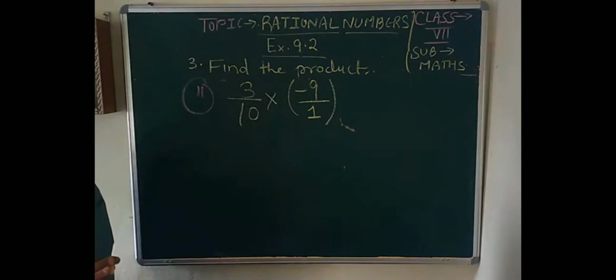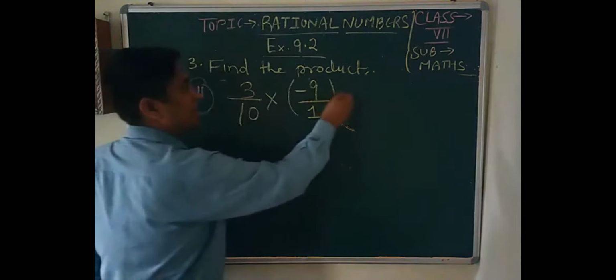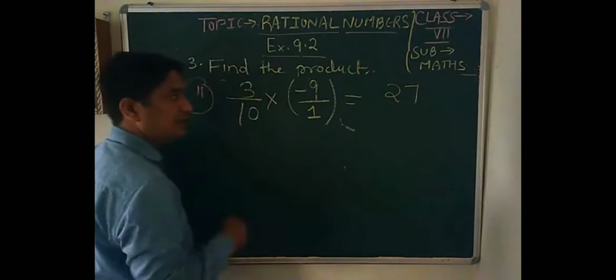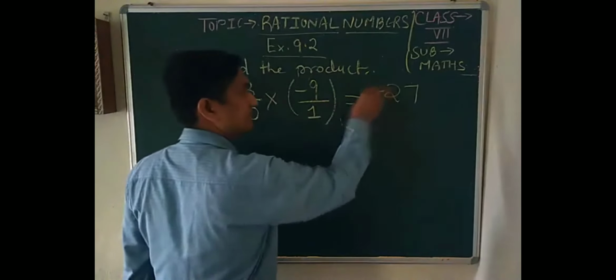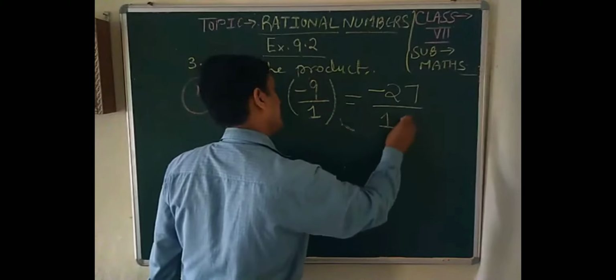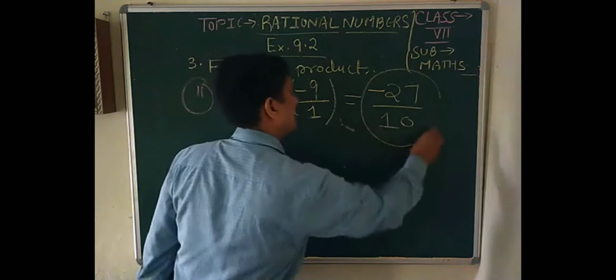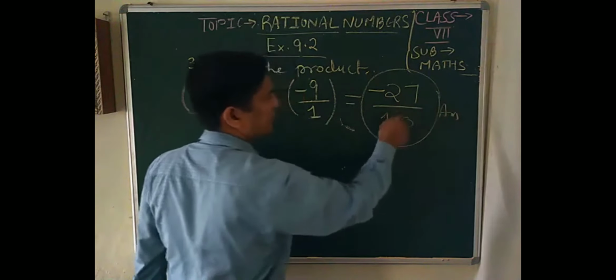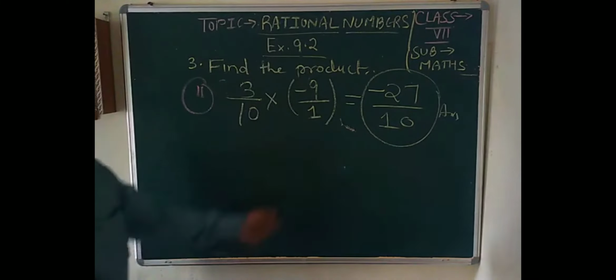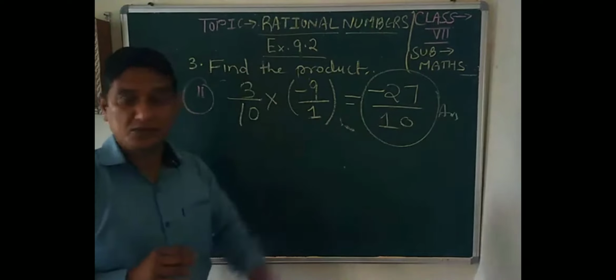It is understood, every number has 1 in its denominator. Now multiply: 9 3s are 27, plus minus minus, 10 1s are 10. And children, this is your answer, as both are not divisible by each other. So minus 27 upon 10 is your answer.